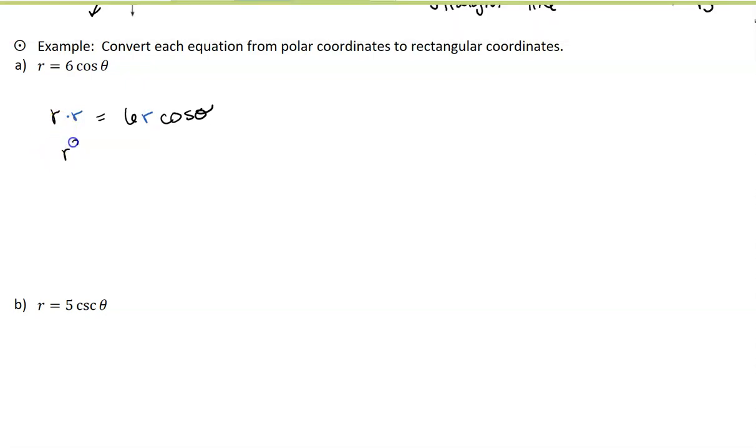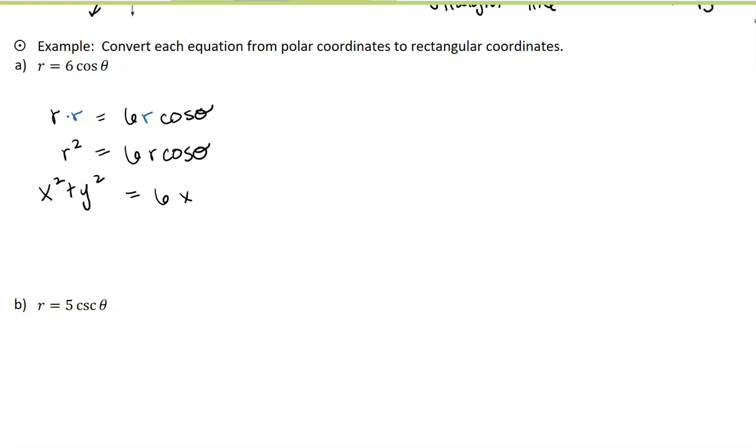On the left, this gives me r squared, and on the right, I have 6r cosine of theta. So now I can replace the r squared with x squared plus y squared, and I can replace the r cosine of theta with an x. So that gives me x squared plus y squared equals 6x.